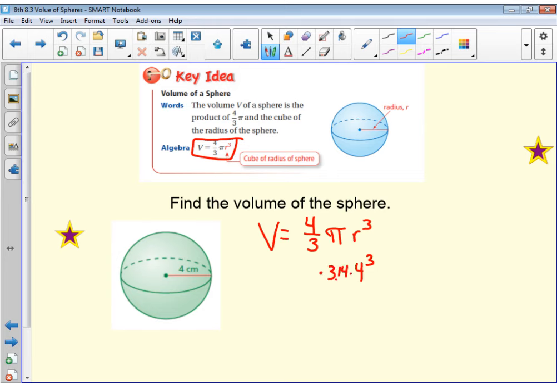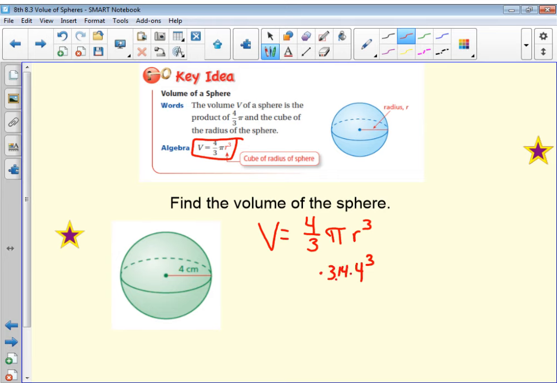So I'm going to do 3.14 times 4 to the power of 3, and that gives me 200.96. And we still have to take that times 4/3.